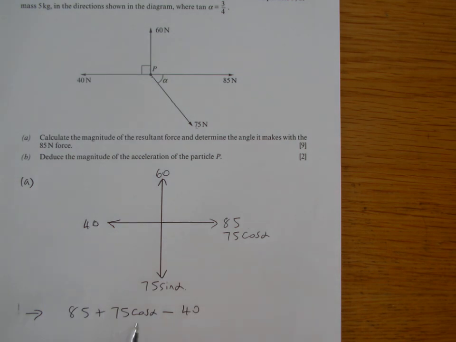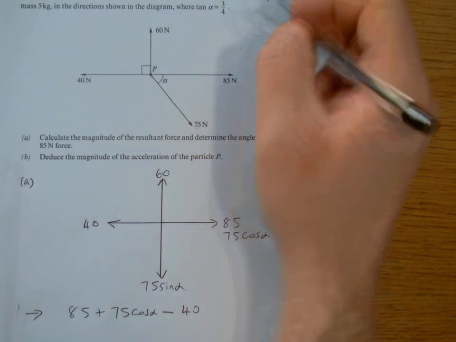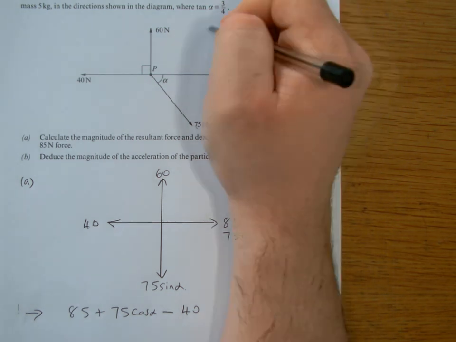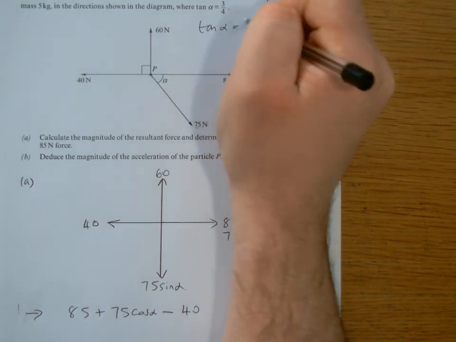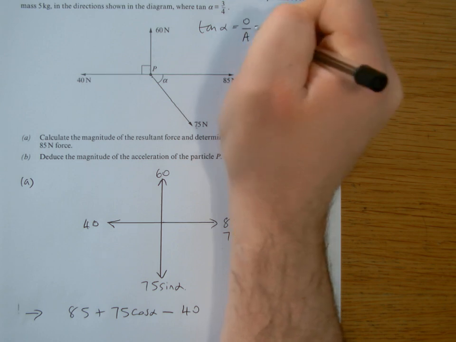Now, of course, we need to work out what cos alpha is. If we go back to the start, it says tan alpha is 3/4. Now remember, tan alpha is opposite over adjacent, TOA, so that's 3/4.